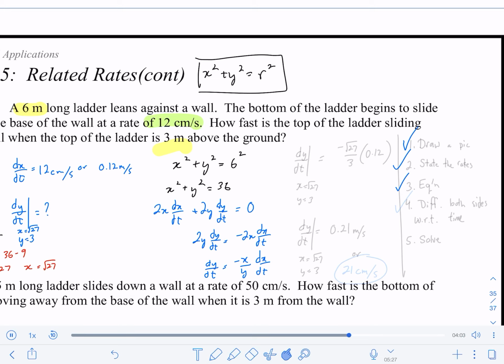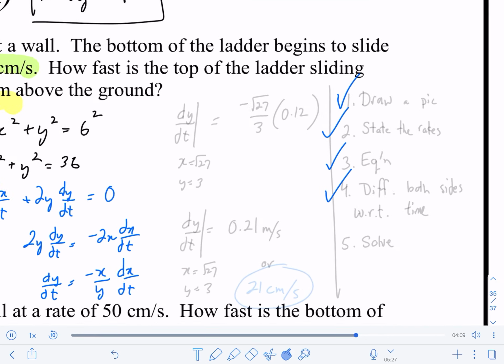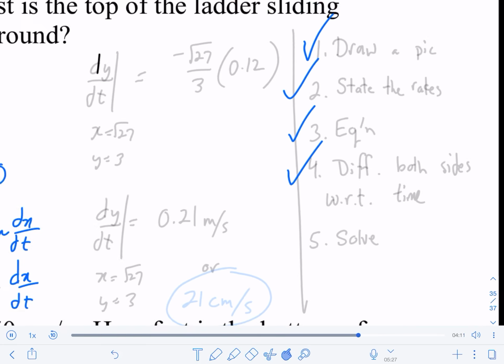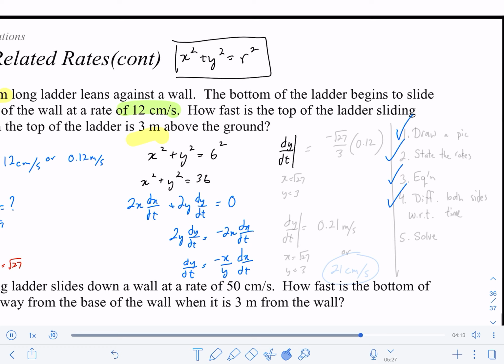So we've differentiated both sides with respect to time, and now our last thing is to solve this. Now we're going to solve dy/dt when x is root 27 or when y is 3. So negative root 27 divided by 3 times the derivative of x with respect to time, or the rate at which x is changing, so 0.12.